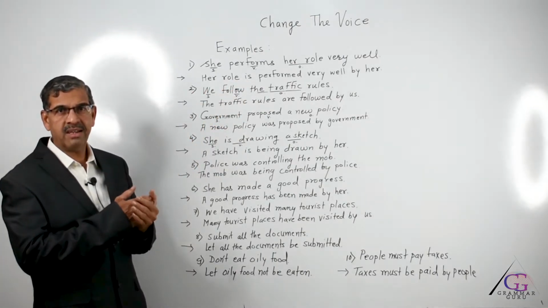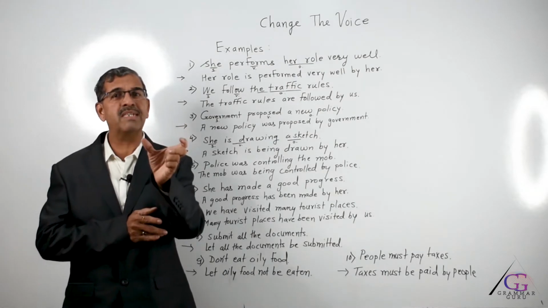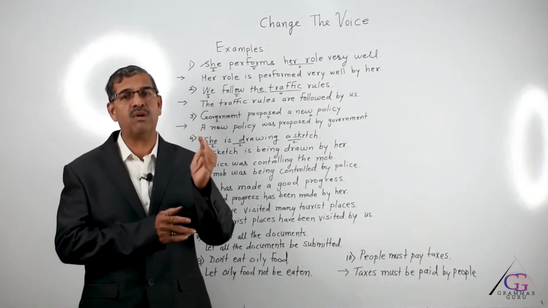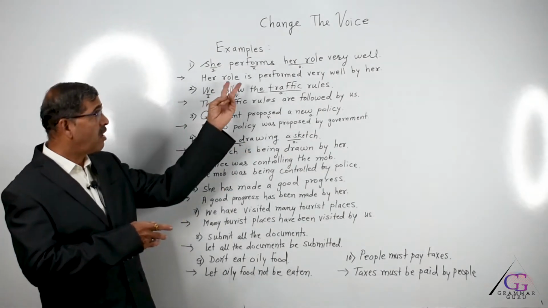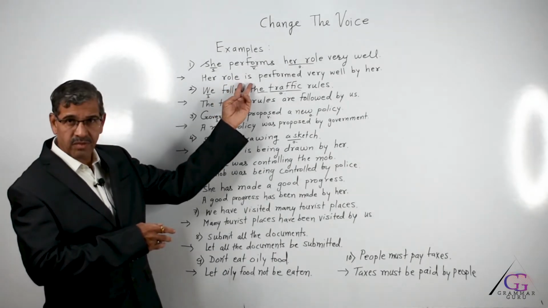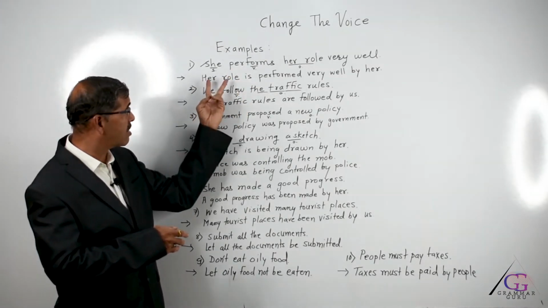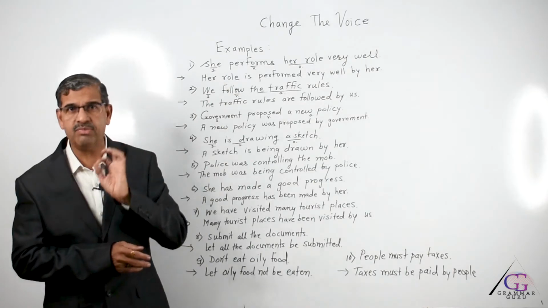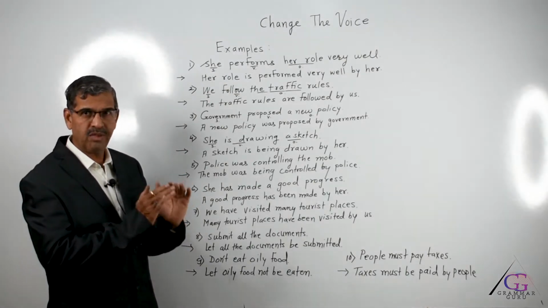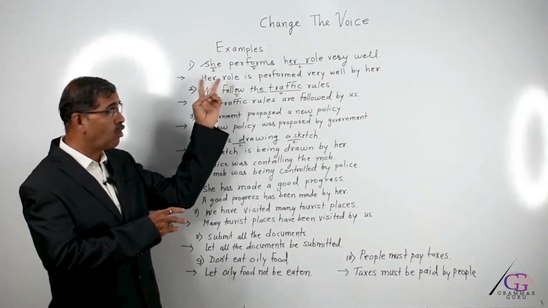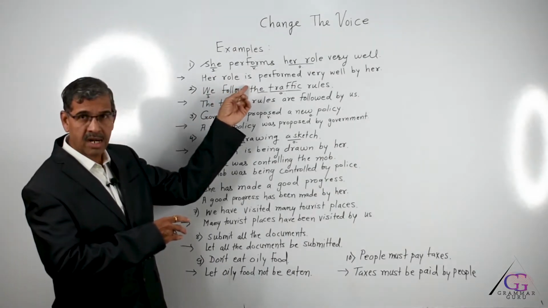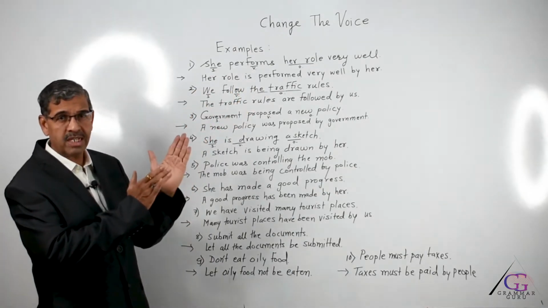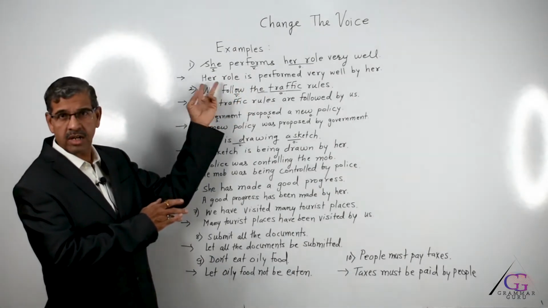If you have seen the earlier video, it is clear that for simple present tense, we use is, am or are. Out of that we have used is over here because her role is a singular subject. Even this part we have to be very careful about. If it is roles, then it will change to are. So the verb changes according to the subject, which is singular or plural.